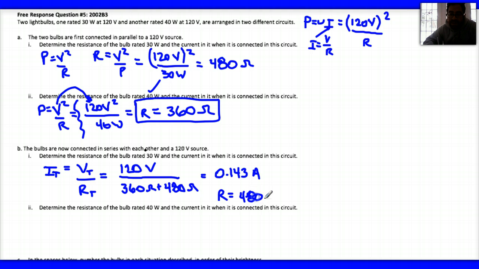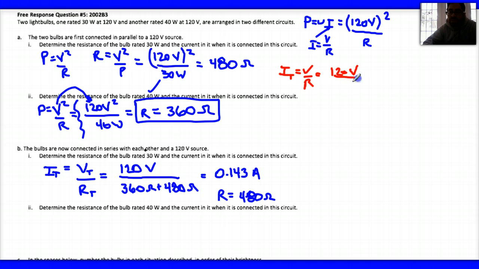Now, taking a closer look, it looks like I've skipped the question about the current. So let me go ahead and do that in red for both problems. Current, of course, is voltage over resistance. I've just manipulated Ohm's law, and in a parallel circuit, the voltage dropped across both of the bulbs will be the same.